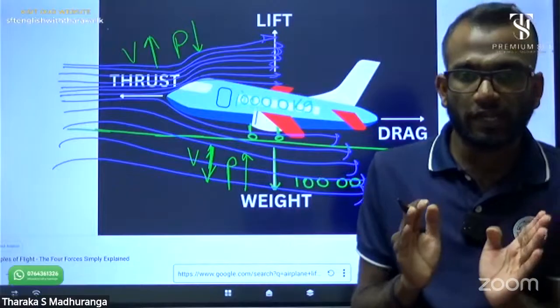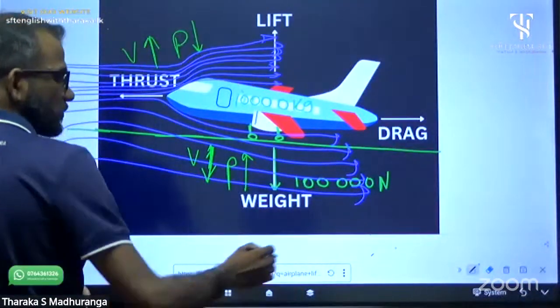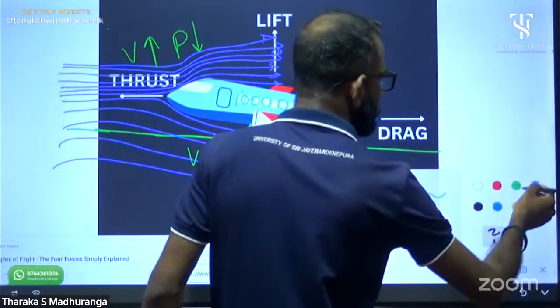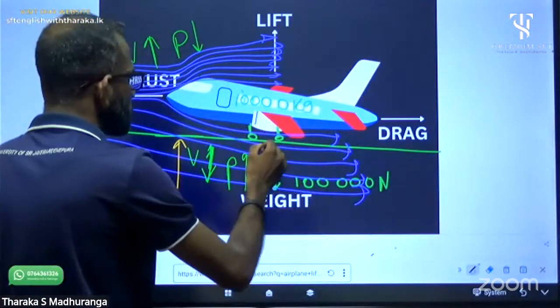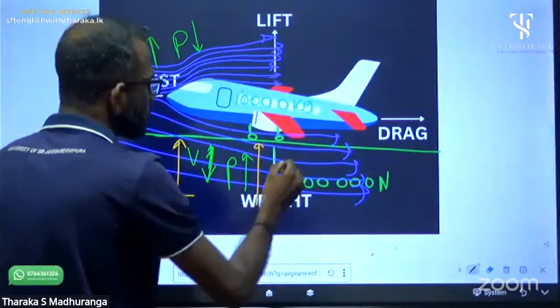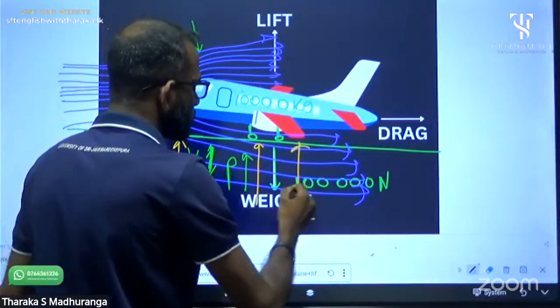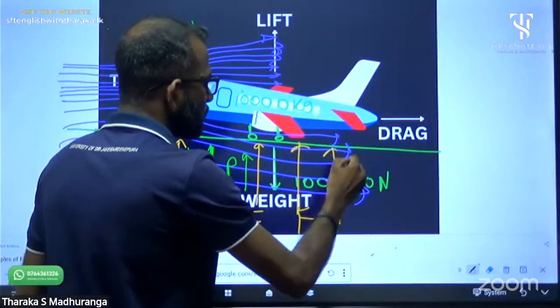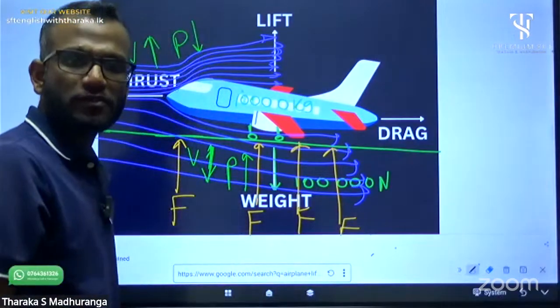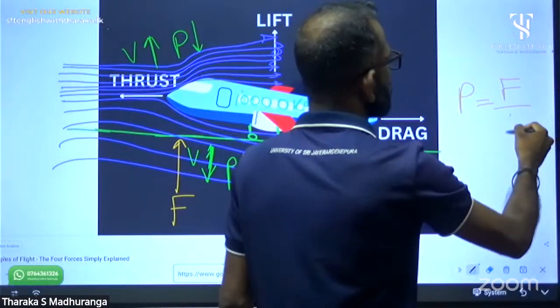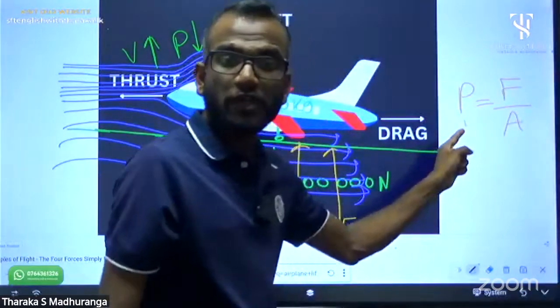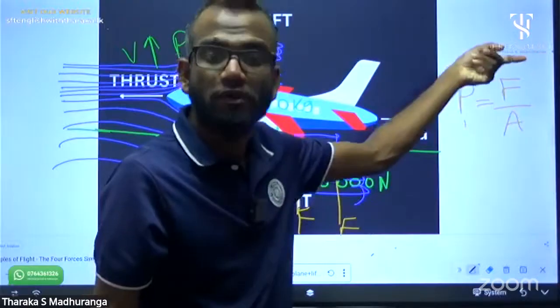A force comes this way. How do we call it a force? Because pressure equals F over A. If there is any pressure difference on any surface, it is a force, right?